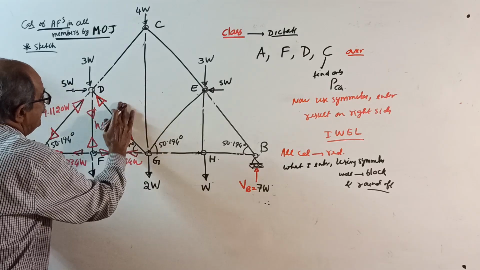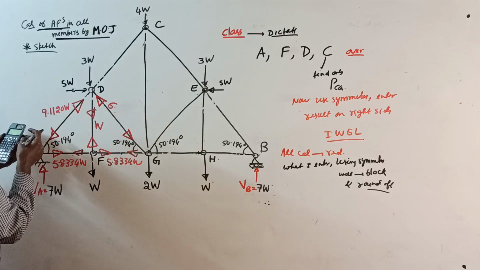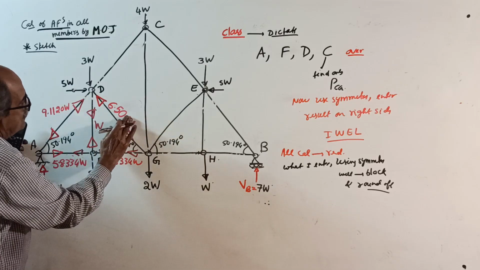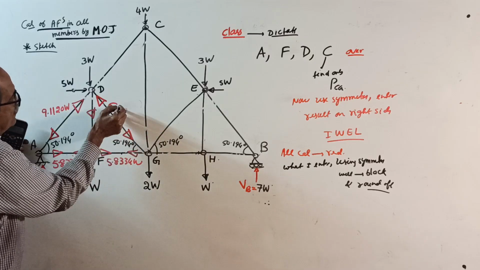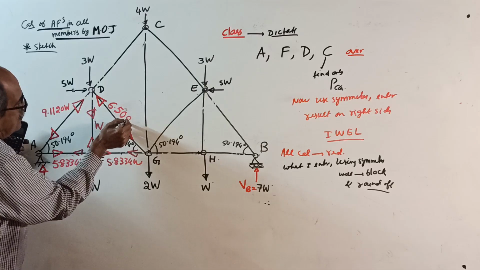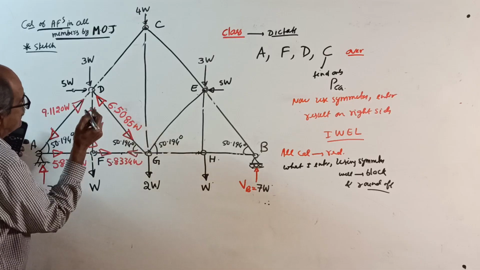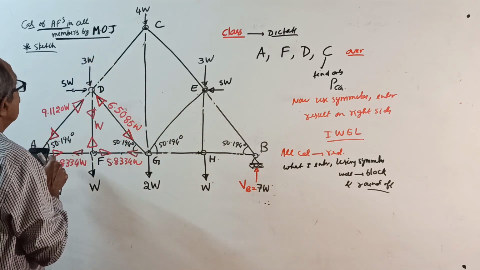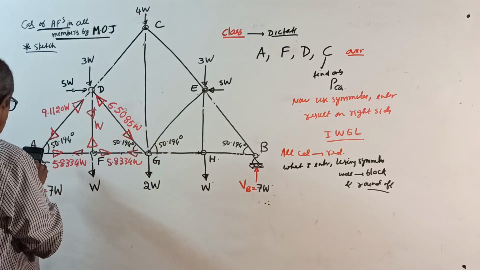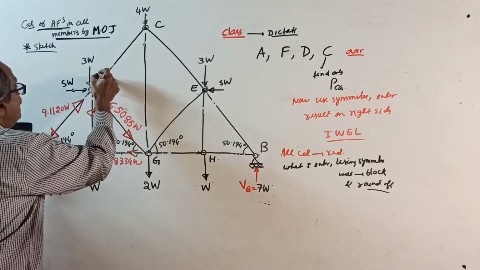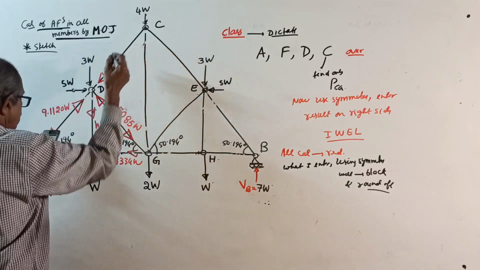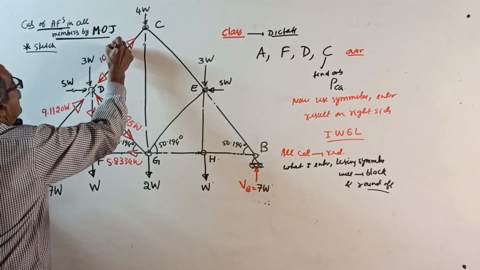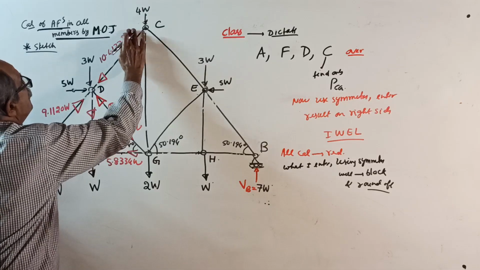I'll do one thing now. I write along the member. 6.5085W is this answer. 10.4137W in terms of W. Okay, arrow mark, go that side.